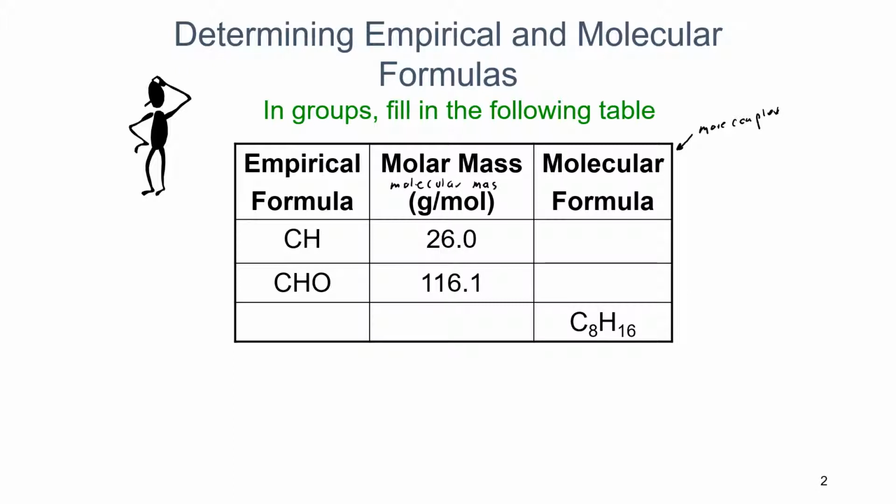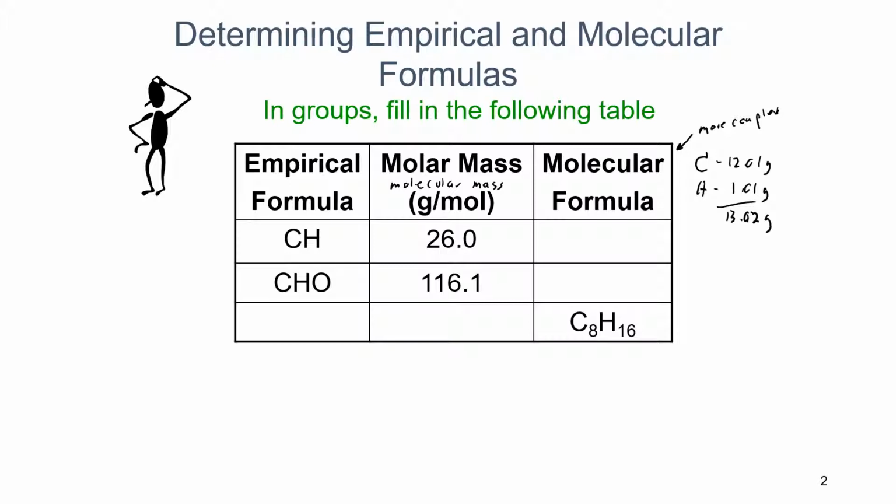Okay, so if I take 1 carbon, which I know is 12.01 grams, and I take 1 hydrogen, which I know is 1.01 grams, then that equals 13.02 grams. And that 13.02 is less than 26.0, right?